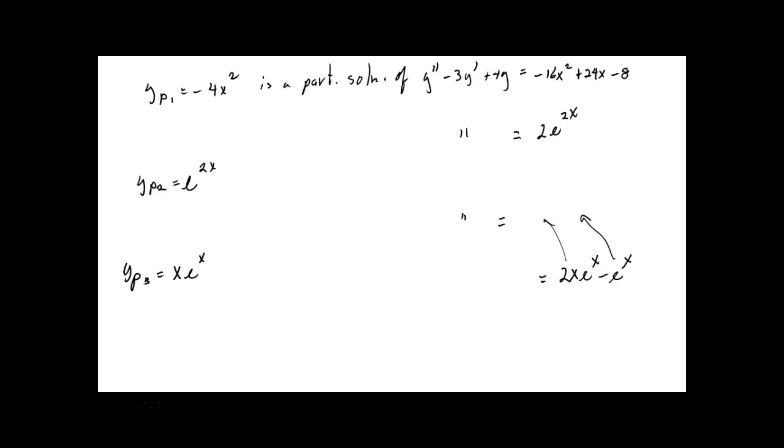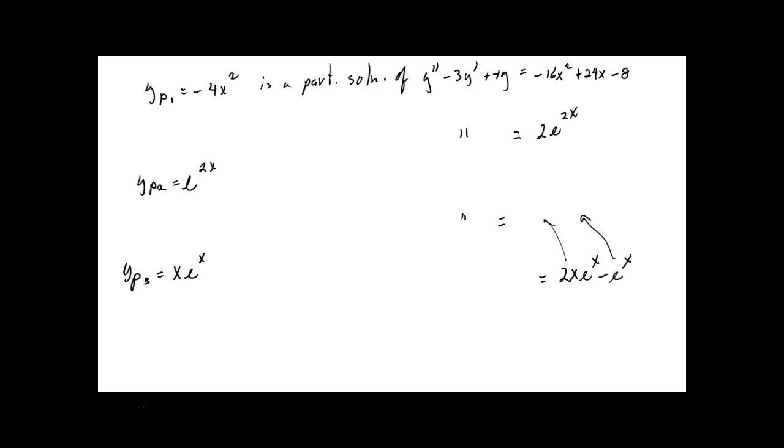Now, since you know those are true, I think they left off, if you're looking on the page right here at the bottom. This is a particular solution. Is that x to the e to the x? Yes, x e to the x.